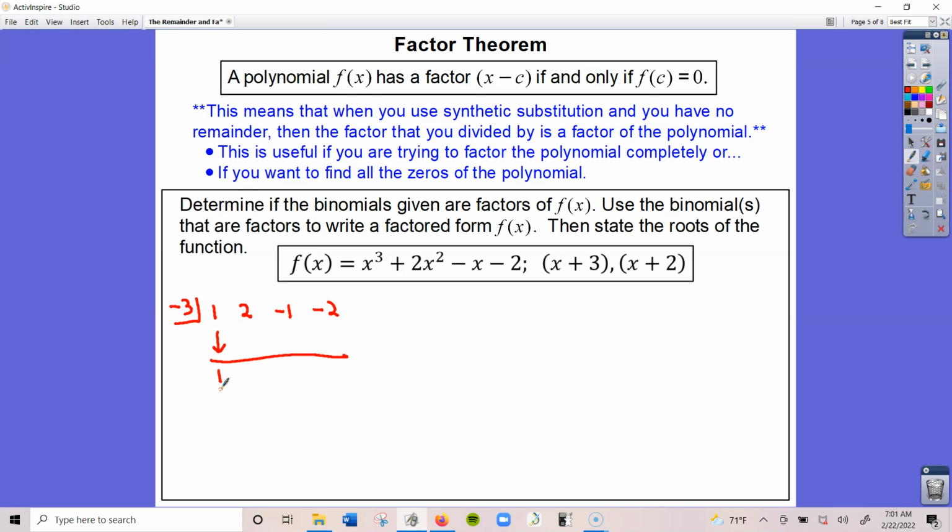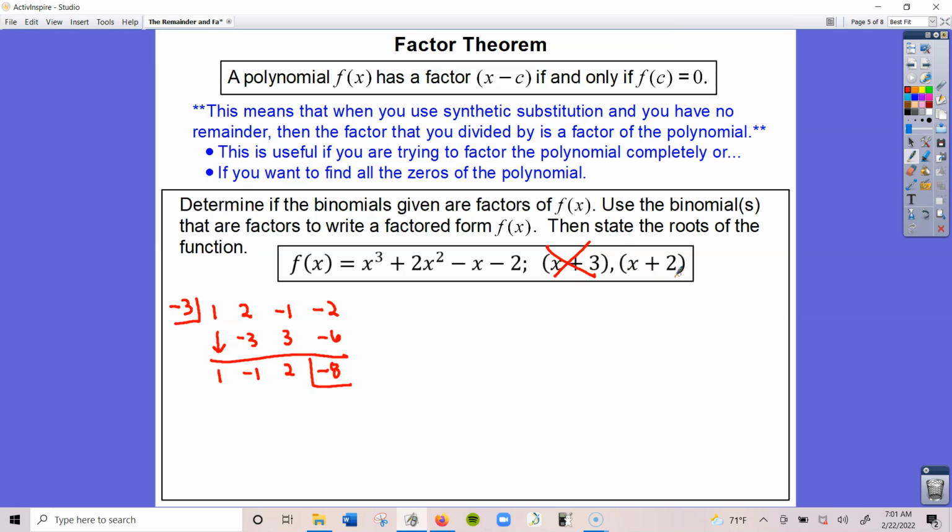Bring down the 1. 1 times -3 is -3. 2 minus 3, -1. -1 times -3 is 3. -1 plus 3 is 2. 2 times -3 is -6. And -2 minus 6 is -8. Since we got a remainder that is not 0, that means that x plus 3 is not a factor.